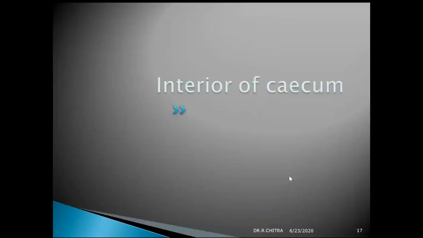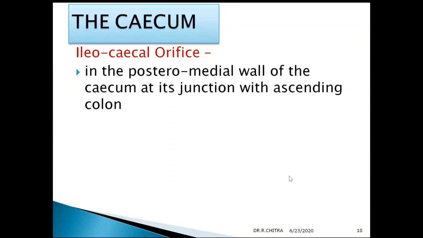Interior of the cecum. This is the important part for your practical exams. You will be given the cecum and vermiform appendix in the anatomy practicals, so you should see the interior of the cecum also. The interior of the cecum presents two orifices. The first orifice you should know is the ileocecal orifice. Just now we said medially the ileum opens.